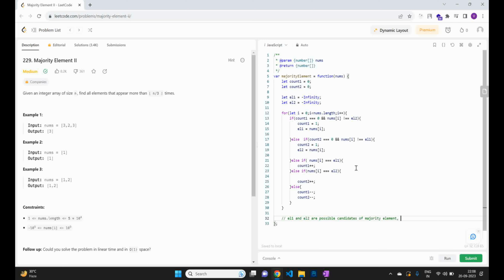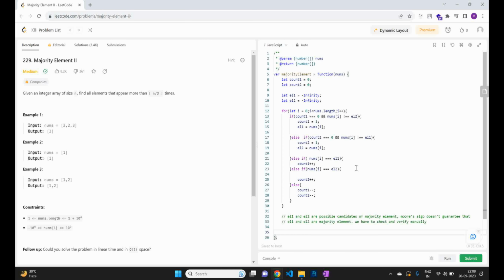Okay, Moore's algo doesn't guarantee that EL1 and EL2 are majority elements. Don't forget this. We have to check and verify manually. That is the trick, because a lot of people forget that this is not a guarantee that EL1 and EL2 are majority elements.